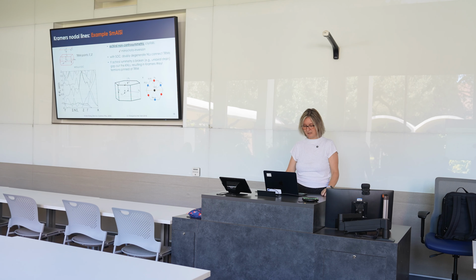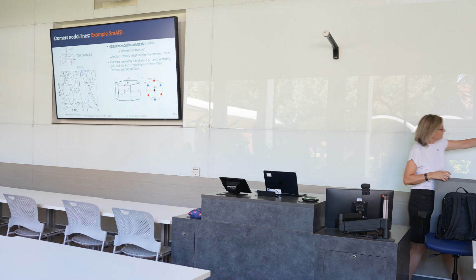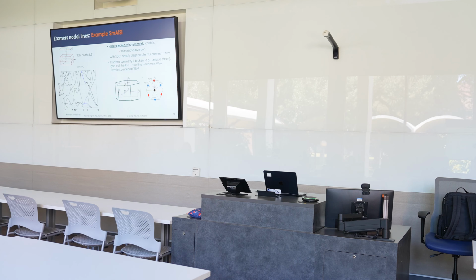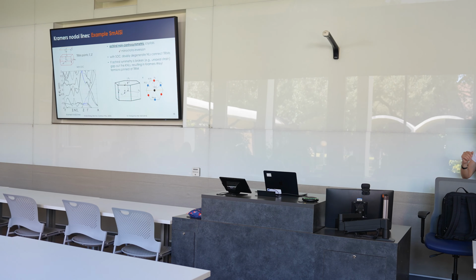So look at this. This is a band structure without spin-orbit coupling. Pay attention to the blue lines over there. Notice how the blue lines still remain degenerate, but away from those blue lines, the bands are split. I'll do this one more time so that you can follow.